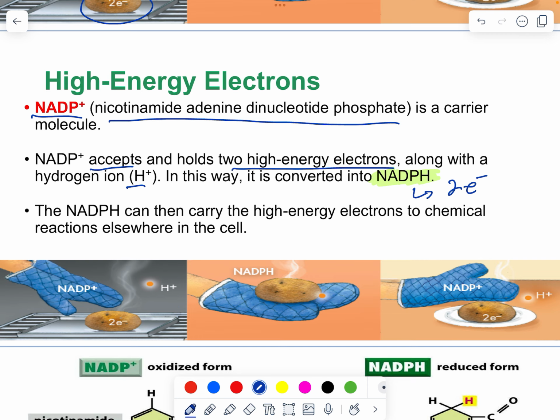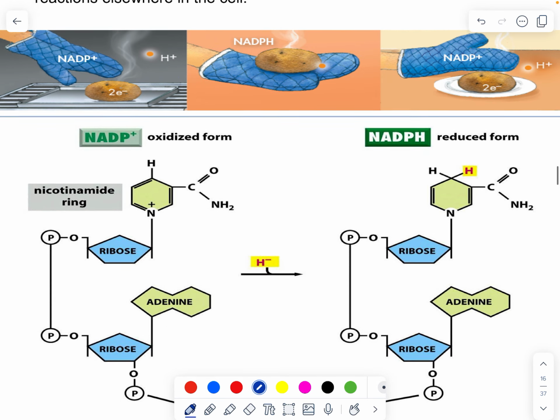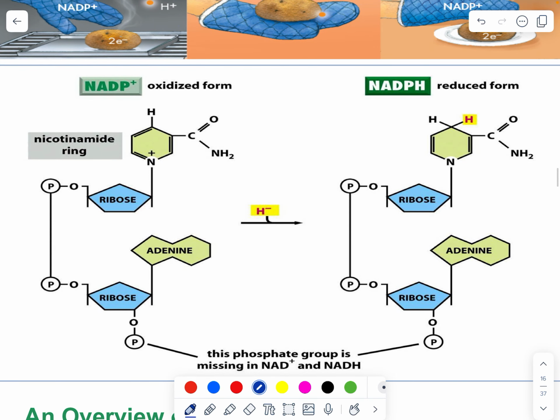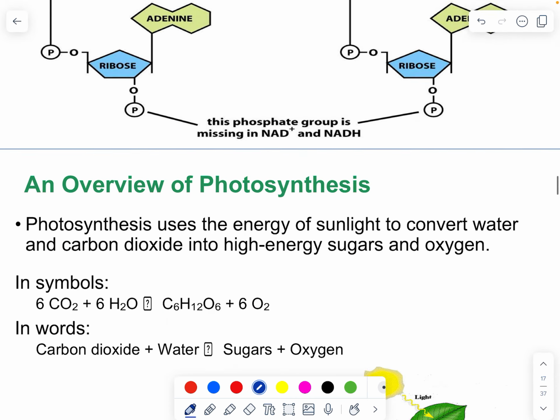It's holding 2 electrons, and those electrons will be important here in a little bit. Okay, so you can see right here, see the positive, and notice how it went to just an H, right? Like it accepted a hydrogen. In order to accept a hydrogen, you also have to accept electrons. So we're holding electrons in this molecule. Of course, you don't need to know this. This is just biochemistry stuff. But hey, there you go, for your benefit.